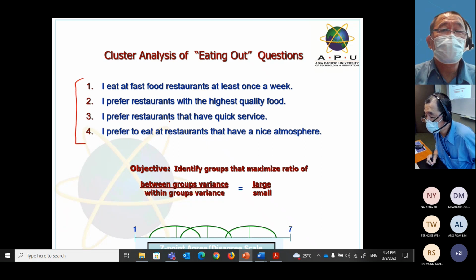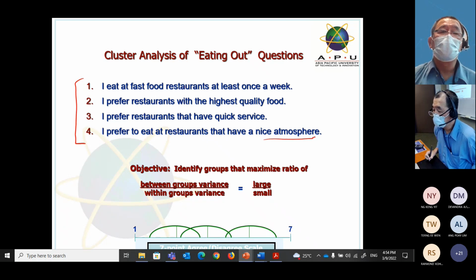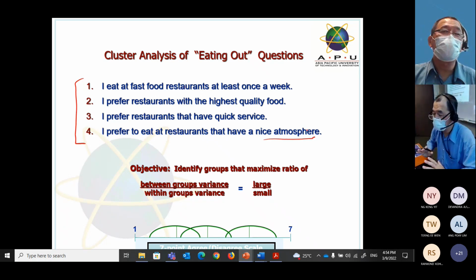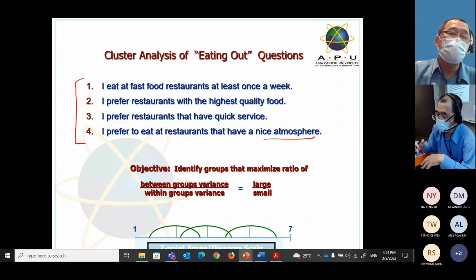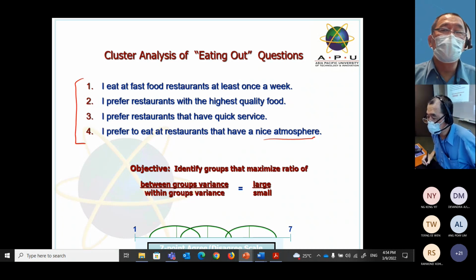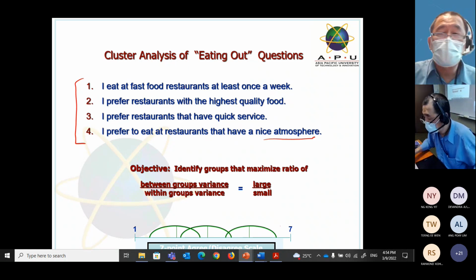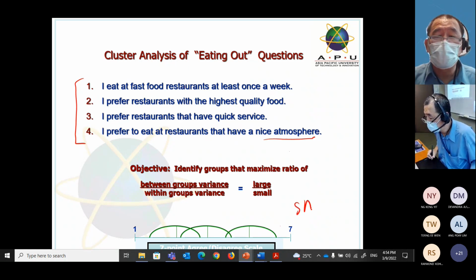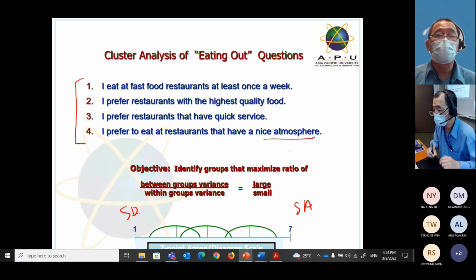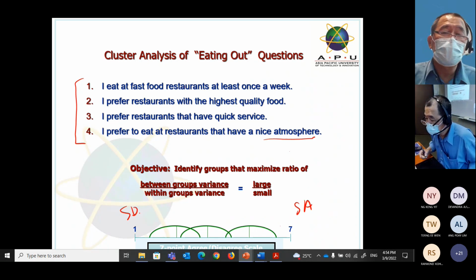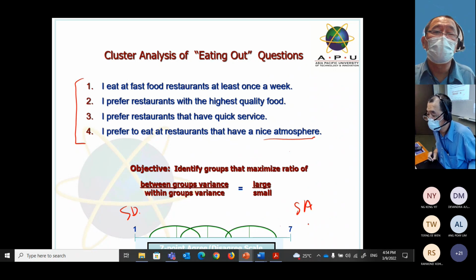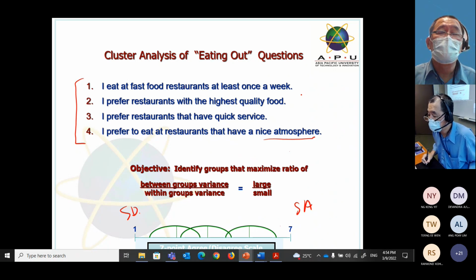Then the restaurant that has quick service and then a nice atmosphere. 7 is strongly agree, 1 is strongly disagree. So the respondent will answer from 1 until 7 for these 4 questions.